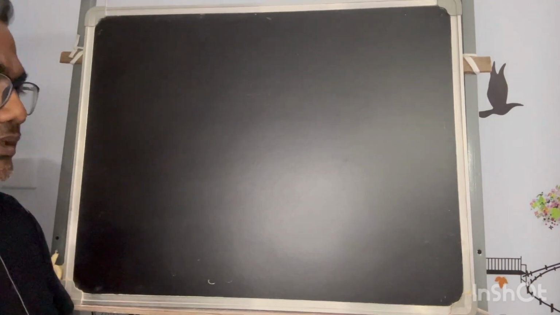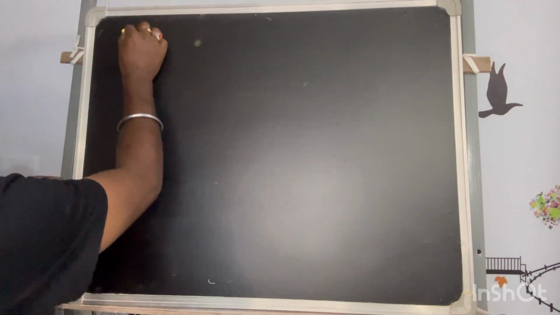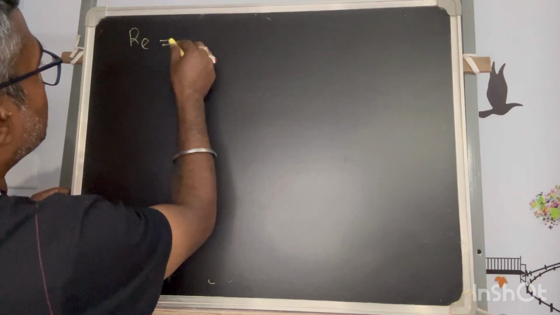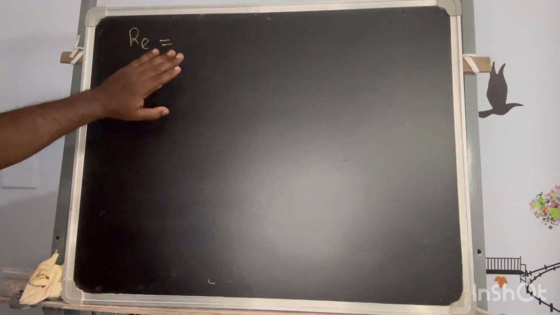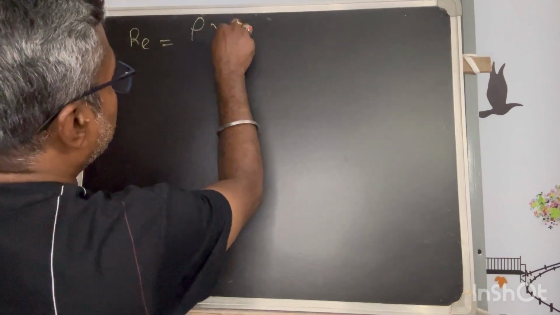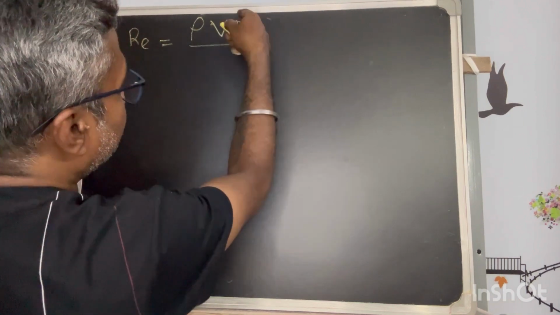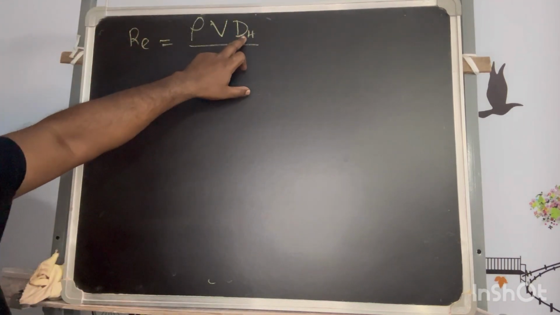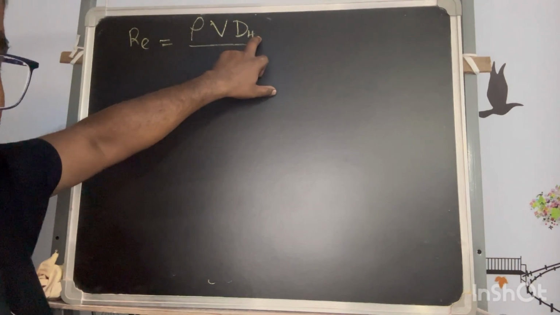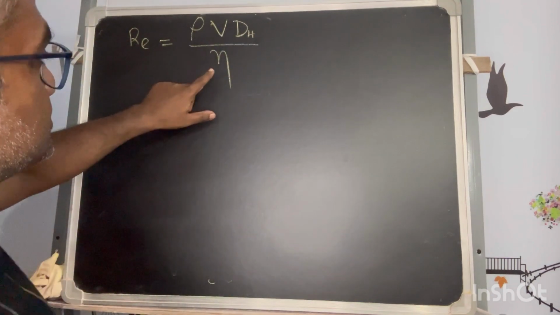Prior to the convective acceleration, let me introduce the Reynolds number again. The Reynolds number that we have discussed is non-dimensional. There is no dimension, and it is calculated by rho v d_h divided by eta. Earlier we taught only d, now I am bringing a suffix with that, d_h, and I will tell you what that is.